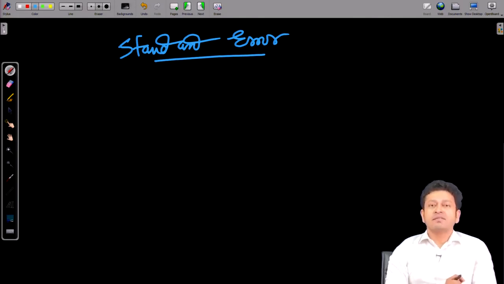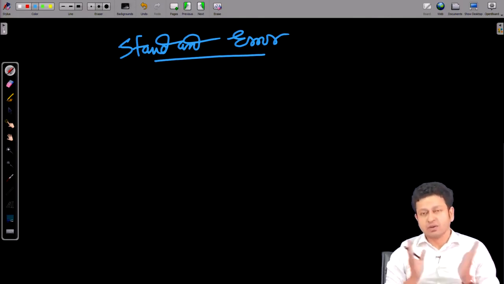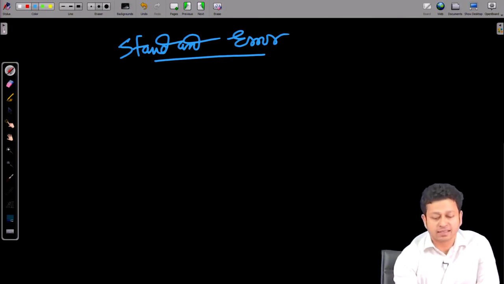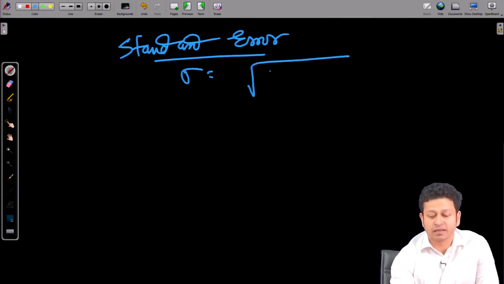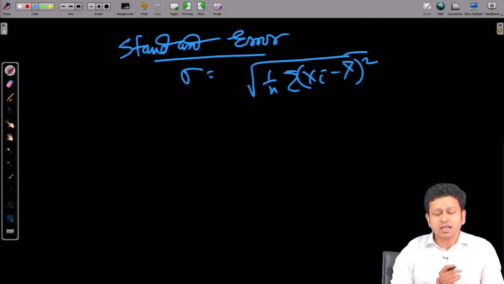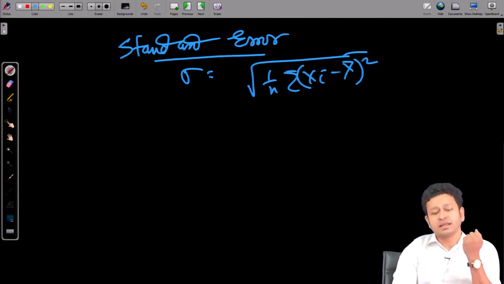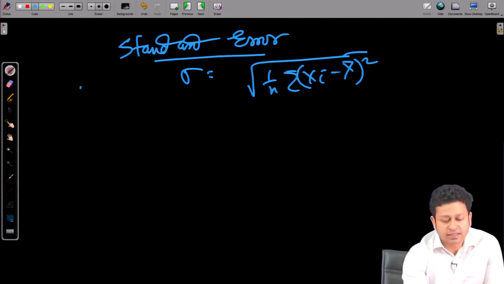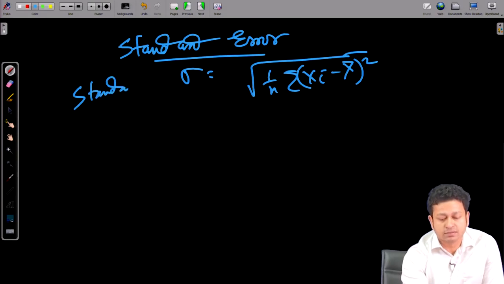Standard deviation is very straightforward. We know how we get the sigma, right? Sigma is nothing but the square root of 1 by n summation xi minus x bar square. That's the standard deviation you got.